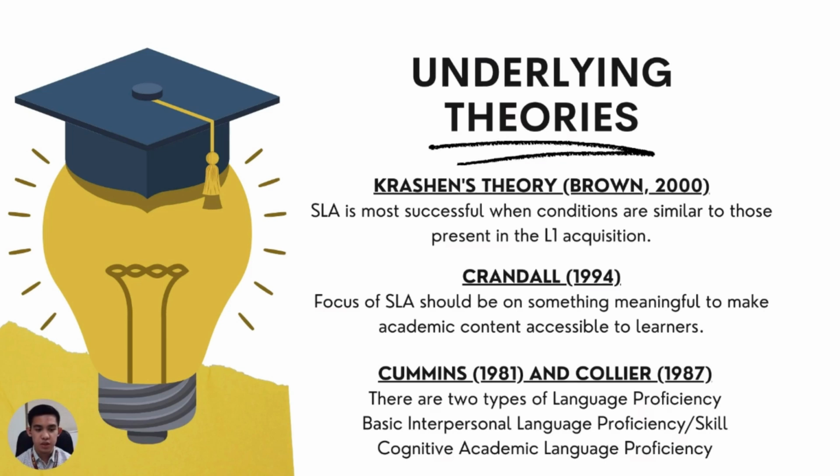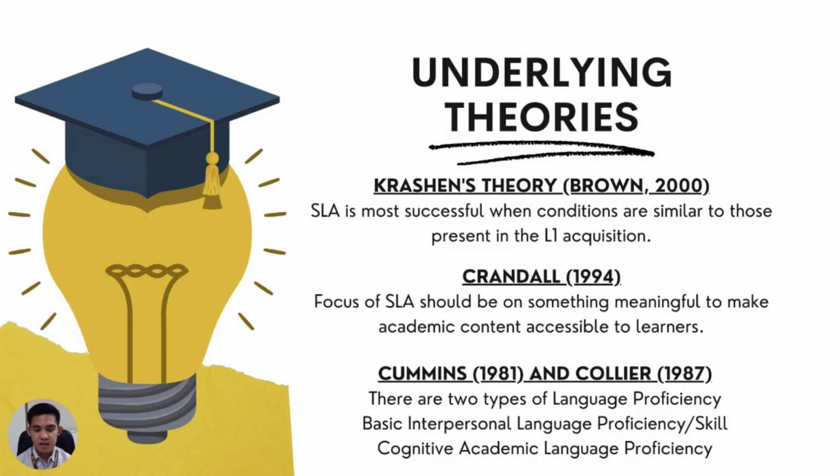We also have Cummins from 1981 and Collier from 1987, who said that there are two types of language proficiency. The basic interpersonal language proficiency skill is learned in 1 to 2 years, and it coincides with cognitive academic language proficiency, which is learned in 5 to 6 years.